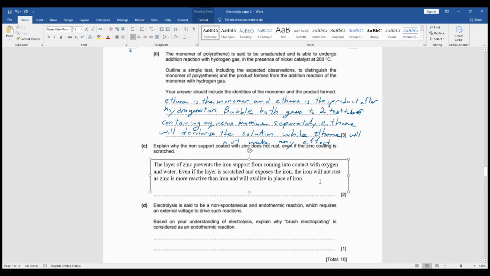Try not to use the word rust for zinc, because rusting is a layman term that we actually use to describe the oxidation of iron. So if it's zinc, by right, rusting is not accurate. So use the word oxidizing or corrosion instead.